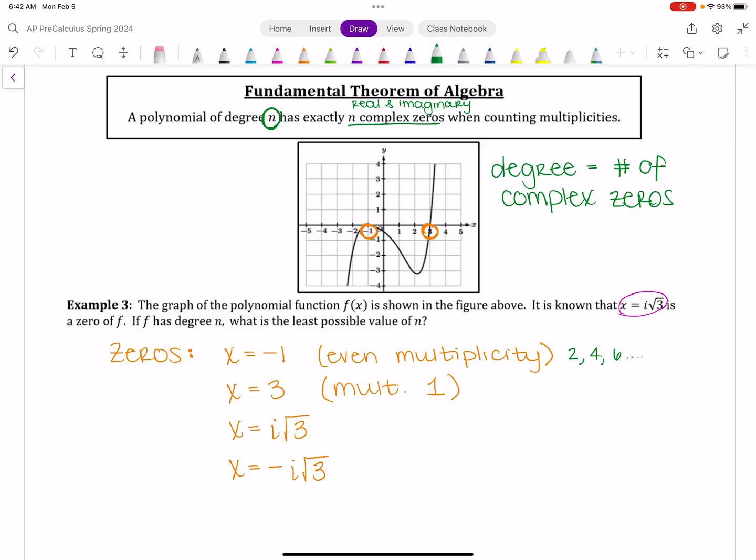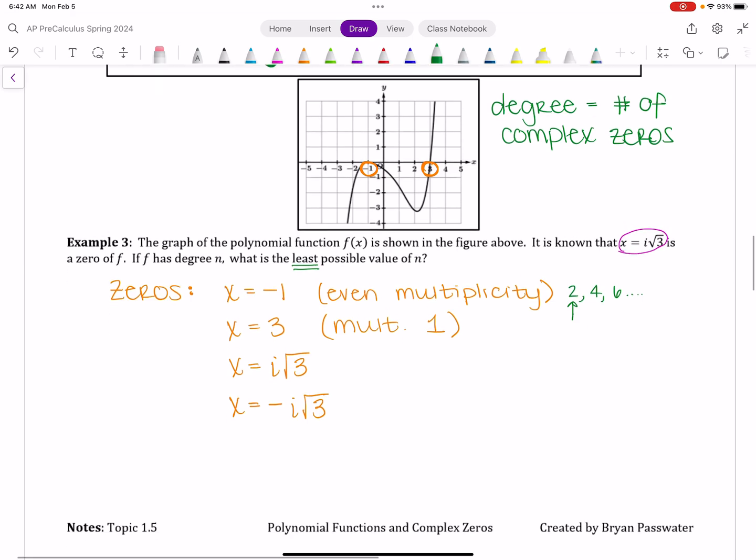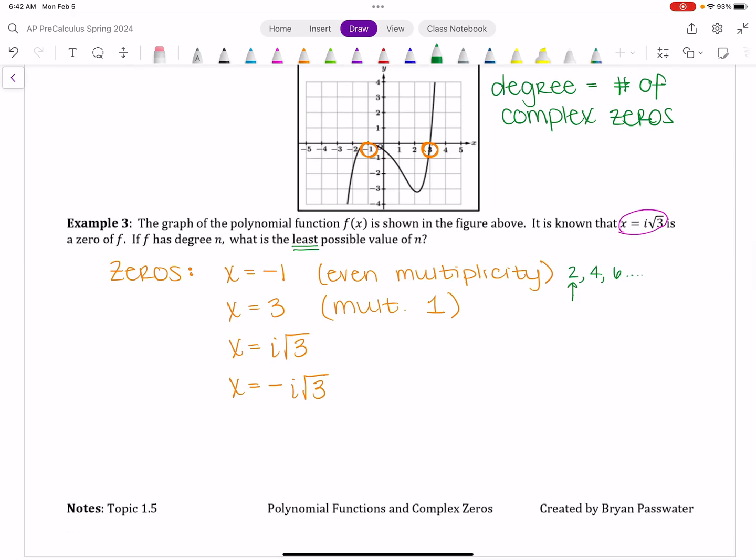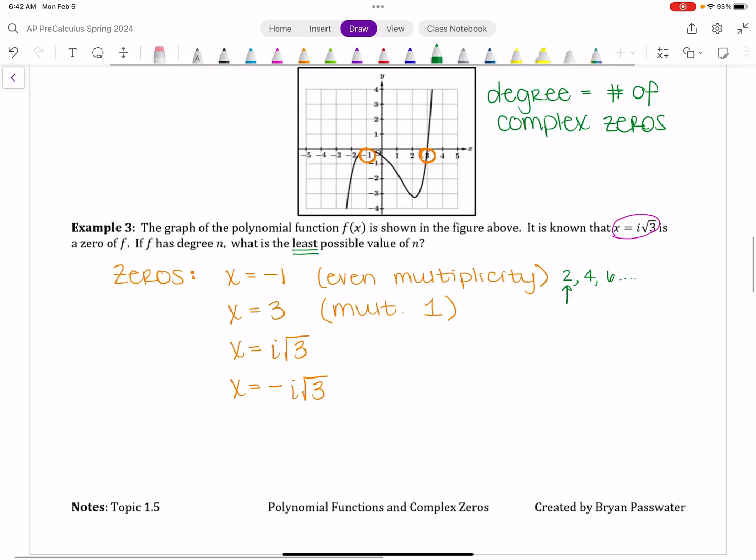And remember, we're looking for the least possible value of n. So we only really want to look at negative 1 having a multiplicity of 2. So when we count all of those up, f has to have a degree of 5 or more.